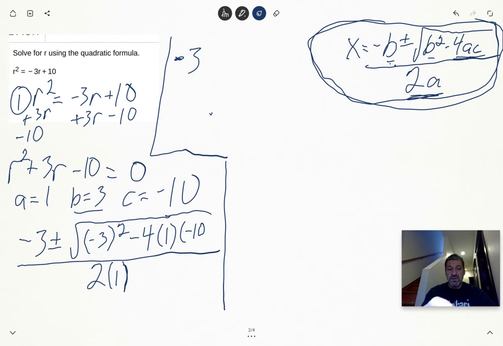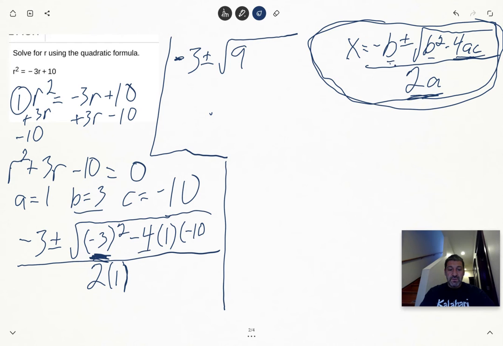So negative 3 plus or minus, and then this negative 3 squared down here in the radical, negative 3 times negative 3 would be positive 9.